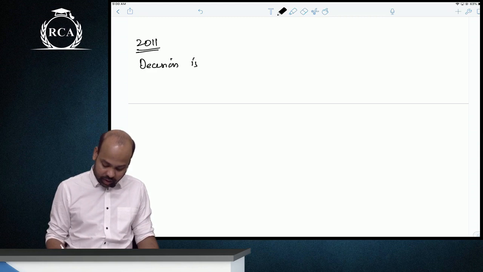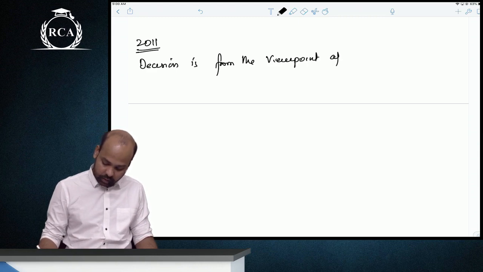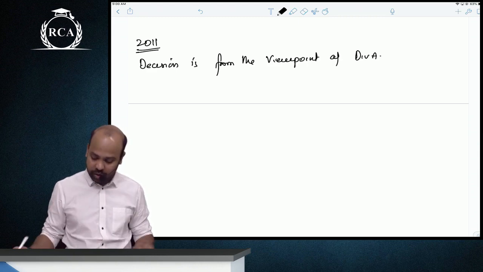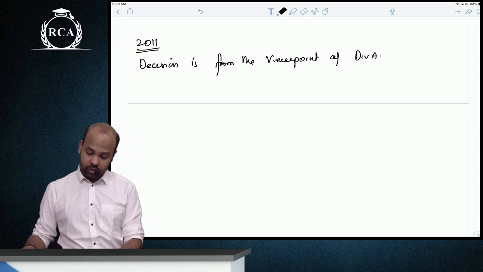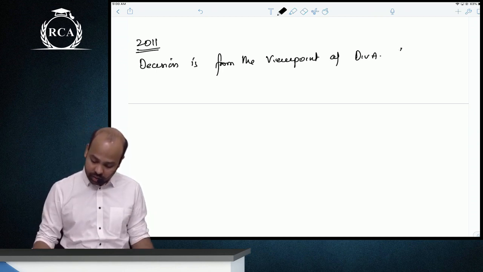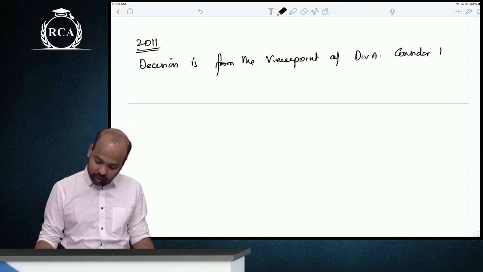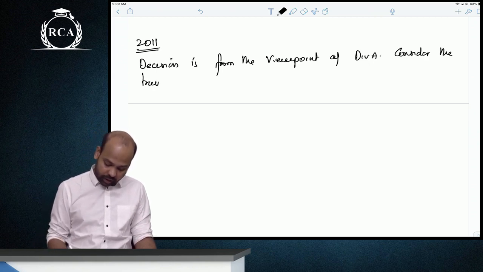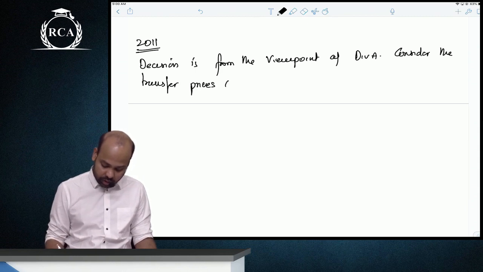Decision, beta, is from the viewpoint of division A, guys. So when the decision is from the viewpoint of division A as such, we will have to consider the transfer prices quoted. What are the transfer prices quoted, guys?